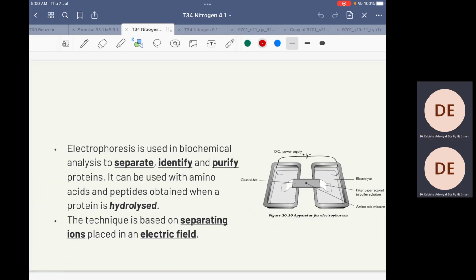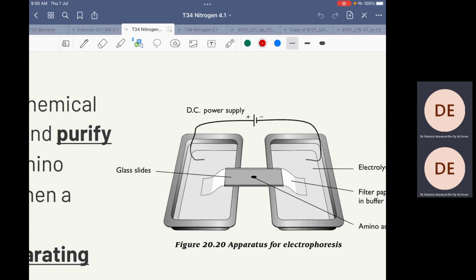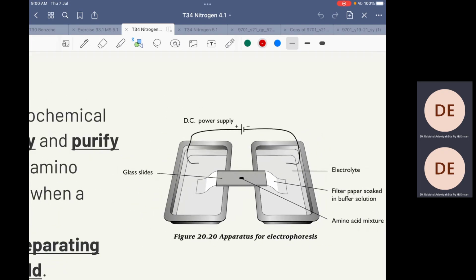This is how a setup of electrophoresis looks like. Basically, you have your slide, usually made of glass. This is where your sample is, and the sample contains a mixture of amino acids.